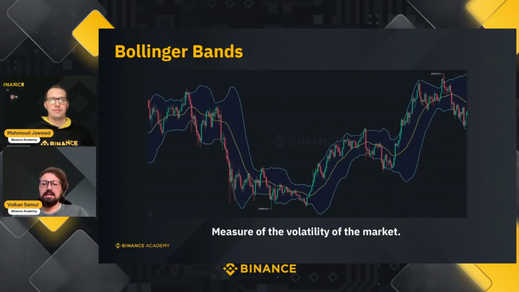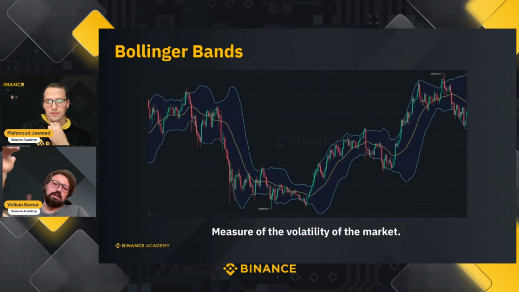As volatility increases and decreases, the distance between the bands increases and decreases. Generally, the closer the price is to the upper band, the closer to an overbought condition the charted asset may be, and vice versa.